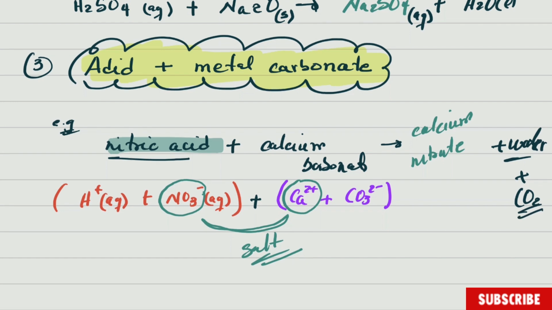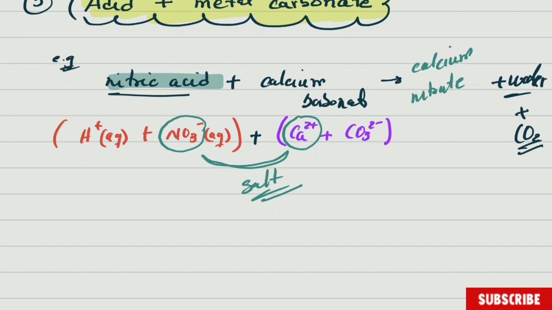All right, so when we combine this one, guys, what are we going to have in the reaction? We are going to have the nitric acid, which is HNO3 aqueous, plus CaCO3, the calcium ion and CO3 2 minus. This will give you now the salt.